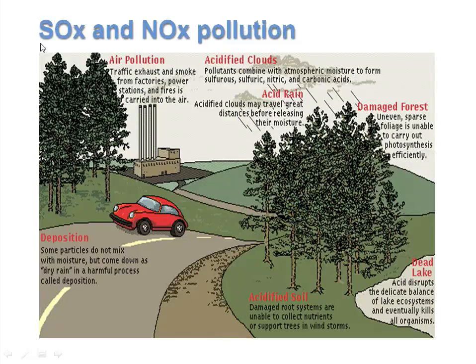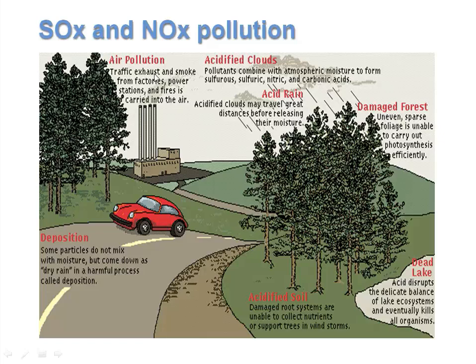These two, SO and NO, are the major components of air pollution. Sulfur dioxide or sulfur oxides, and nitrogen oxides or nitrous oxides, play the major role in pollution, and they come from all sources, like industries and vehicles.